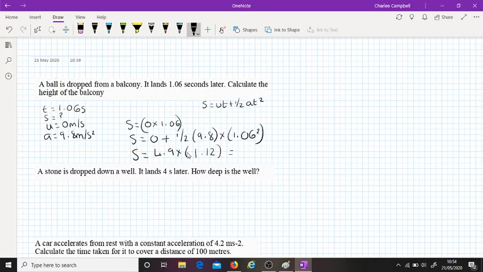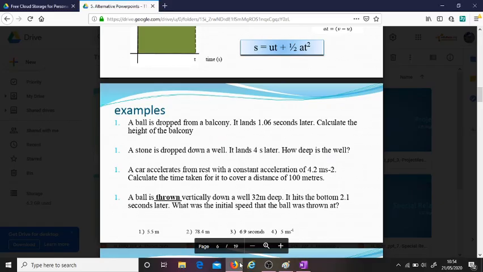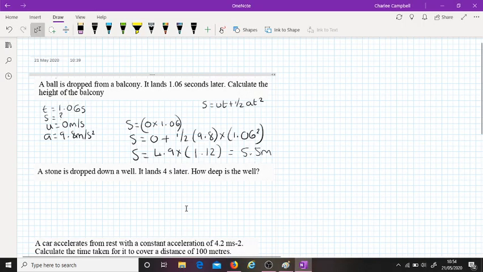So 4.9 times that is 5.5 meters, and if you look back to the answer, it's 5.5. So that's how you do that one.